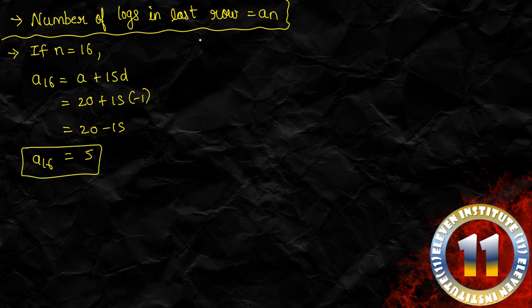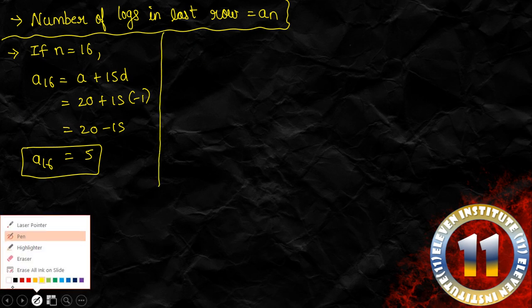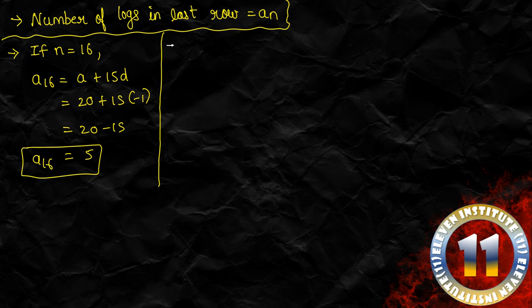Now let us check for the value of n 25 also. We can write over here if n is equal to 25. So a25 will give us a plus 24d.